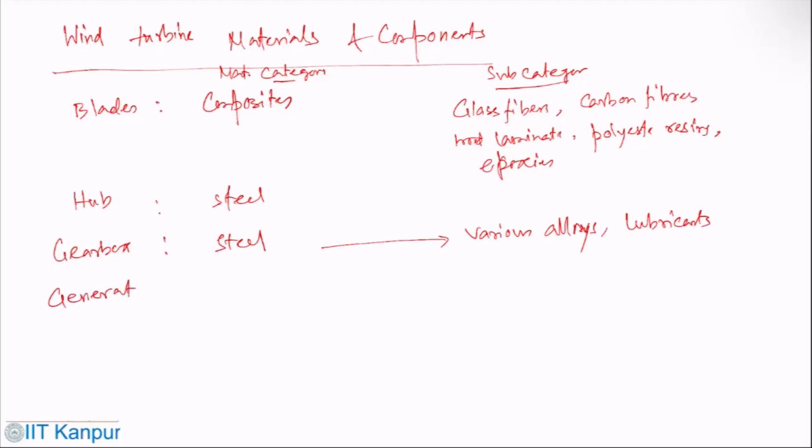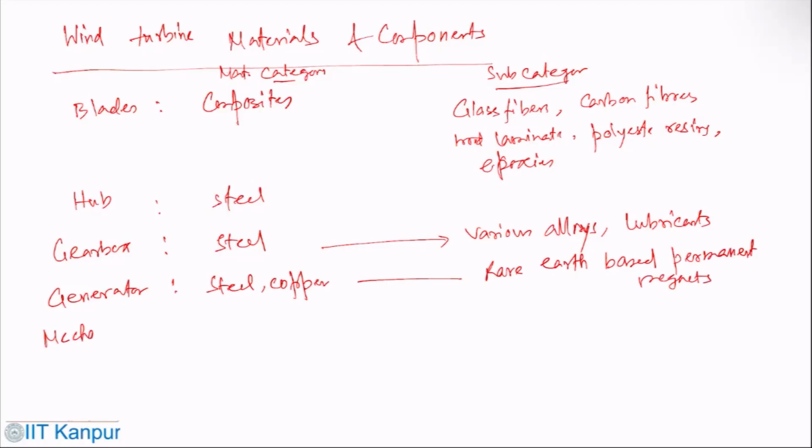Then you have generator, steel, copper, which is rare earth based permanent magnets.